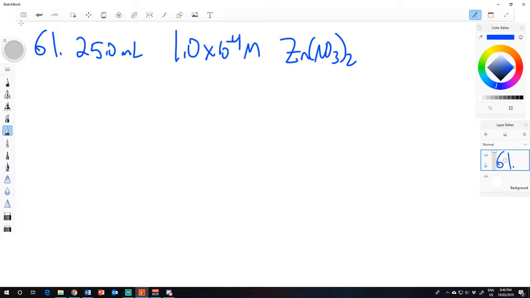Okay, and then we mix it with 45 milliliters of 2.0 times 10 to the negative 5.